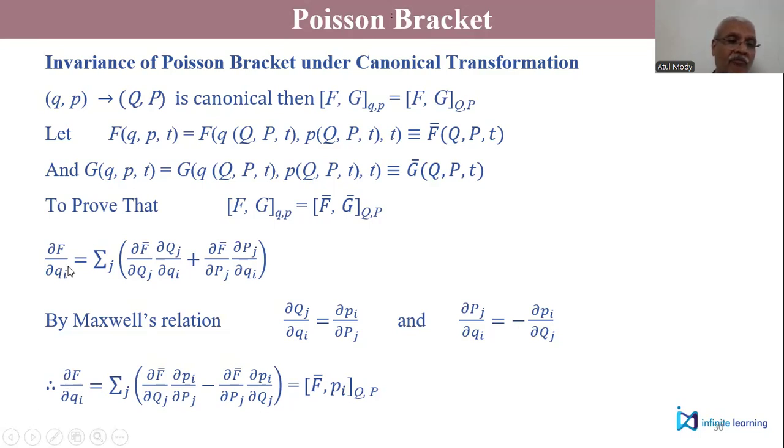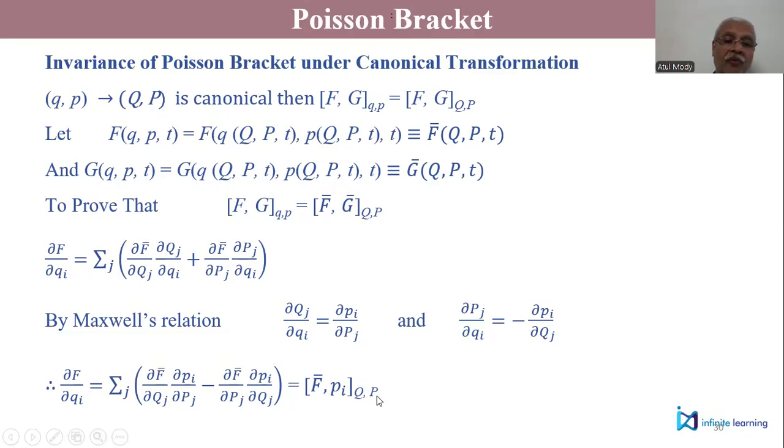So your dou f by dou q, if you substitute this second factor in the summation for each term by using Maxwell's relation, your dou f by dou q will become dou f by dou capital Q, dou p by dou capital P, and so on, which means essentially this is your Poisson bracket of f with respect to small p, taken in the new coordinate system, capital Q and capital P. Of course, small q and p are the old coordinate and old momentum.